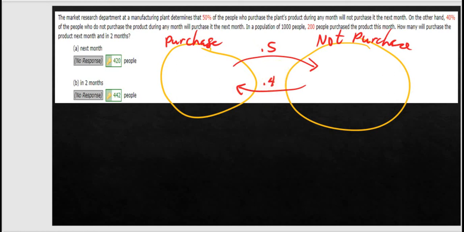So we build now the transition matrix P. So we have those who purchase, and those who do not purchase.